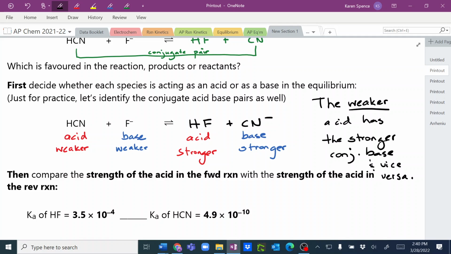So think back to your electrochem. If your stronger oxidizing and reducing agent were in the products, would that be a go situation or a no-go situation? If your stronger things were in your products, would that be go or no-go?